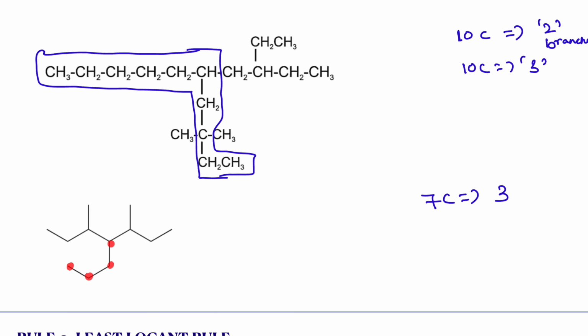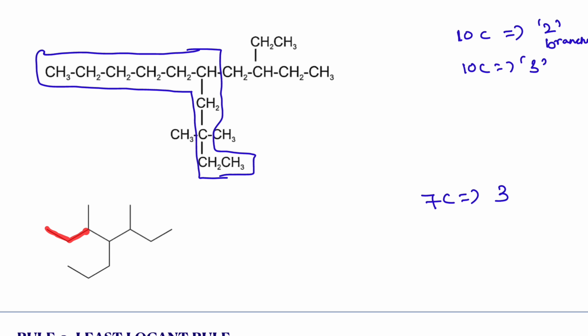1, 2, 3, 4, 5, 6, 7. In that situation, this is one branch, this is another branch, that is having only 2 branches. So 1, 2, 3, 4, 5, 6, 7. This is the longest carbon chain, but this is one branch, this is another branch, only two branches we are getting.